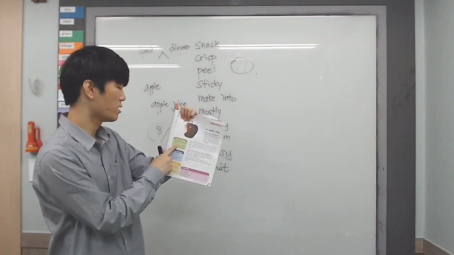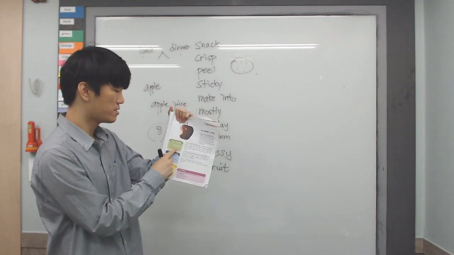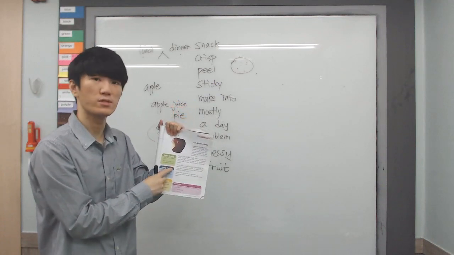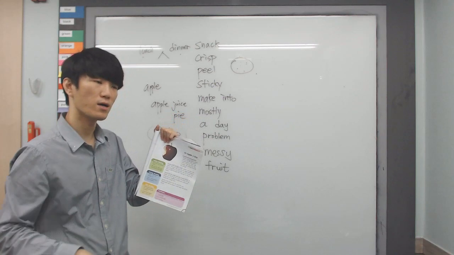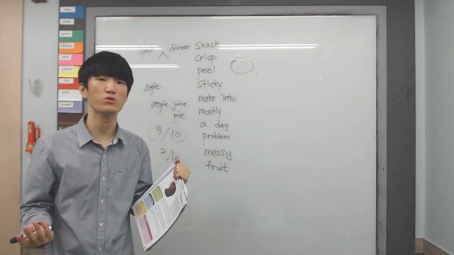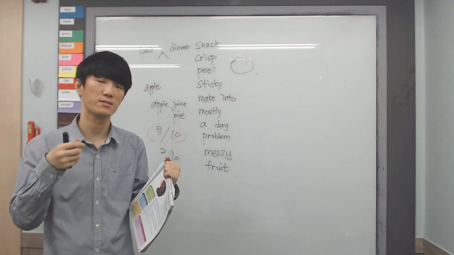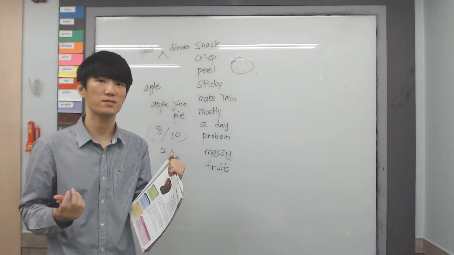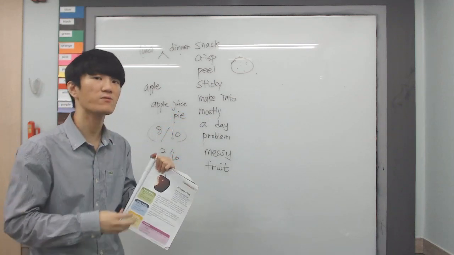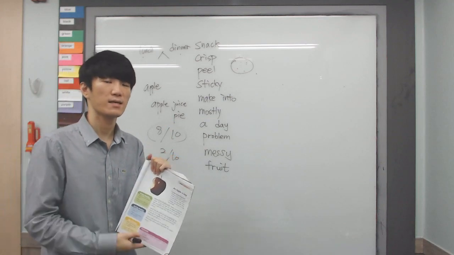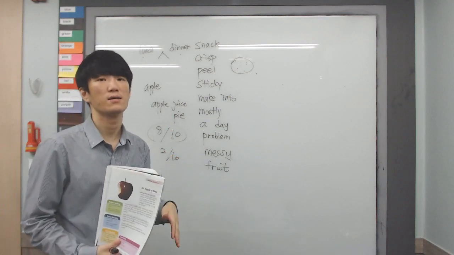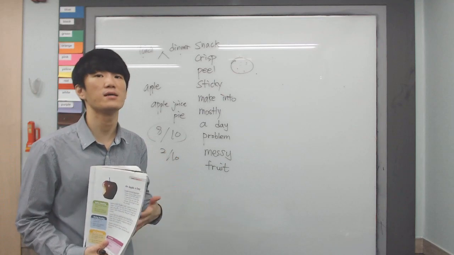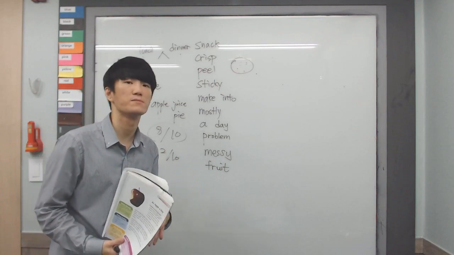And second one, why do you think it's important to eat fruit? So how is it good for you eating fruit every day? Eating too much fruit is not good, but regularly eating fruit a day is good for your body, like vitamins and many good ingredients.